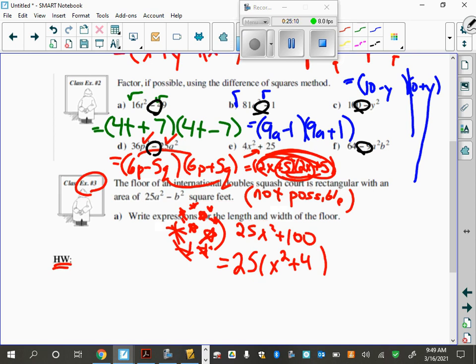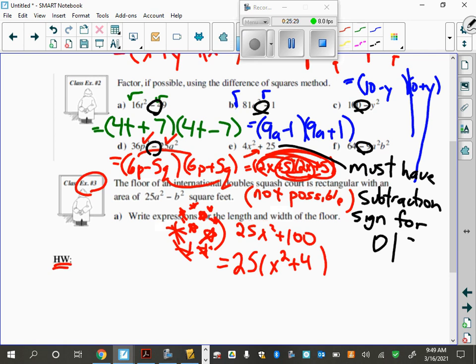You have to have subtraction or you cannot do difference of squares. Write that down. You must have a subtraction sign. Otherwise, you can't do difference of squares. So my abbreviation for difference of squares is D/S, which probably you can tell by the page we're on.